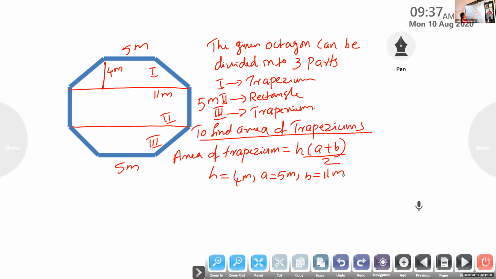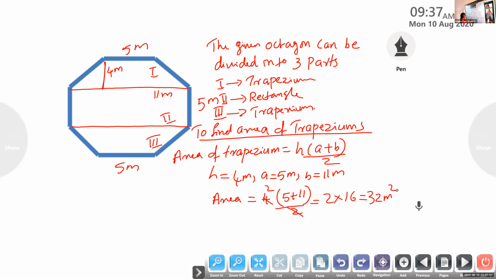Therefore, area equals 4 into (5 plus 11) by 2. 2 we can cancel, 2 into 16, 32 meters square.